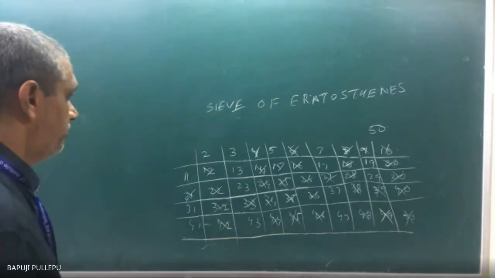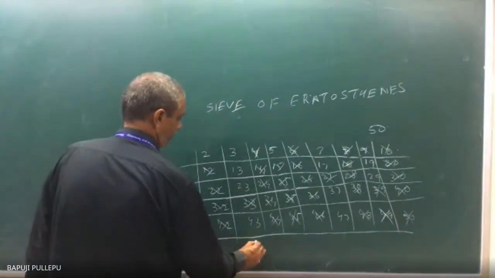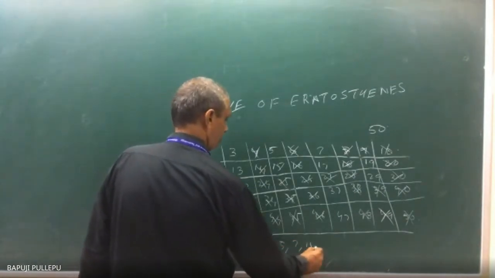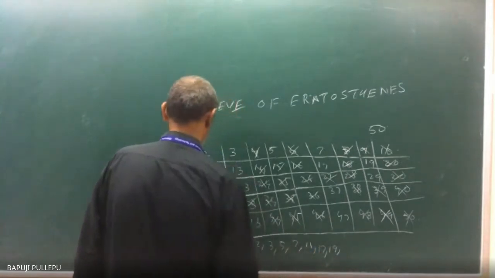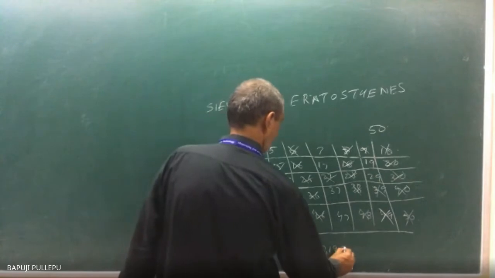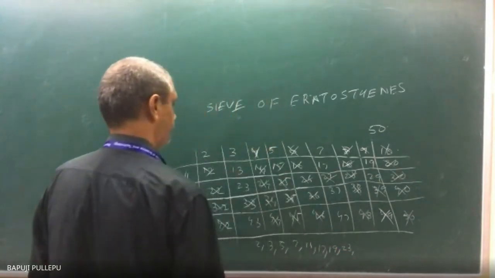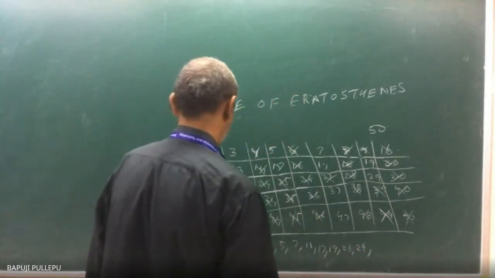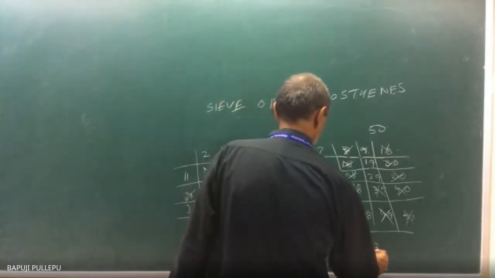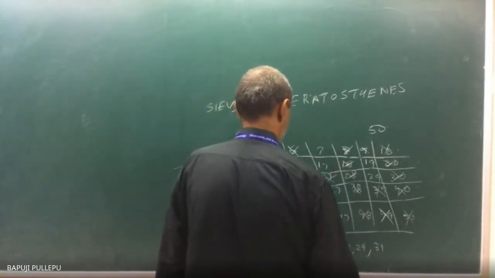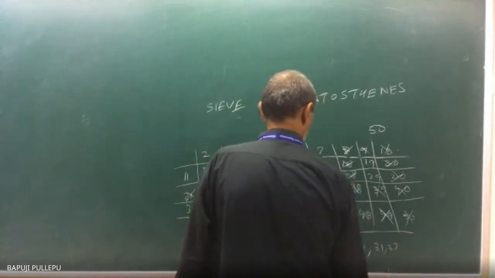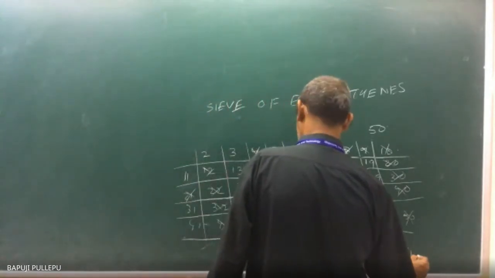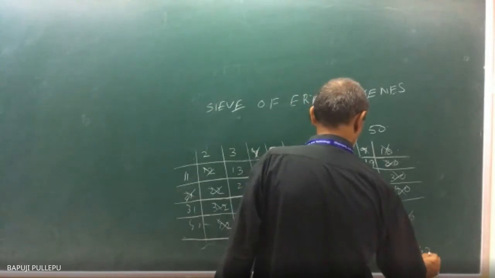Now, the prime numbers less than or equal to 50, what do you write actually? 2, 3, 5, 7, 11, 17, 19, 23, 29, 31, 37, 41, 47.